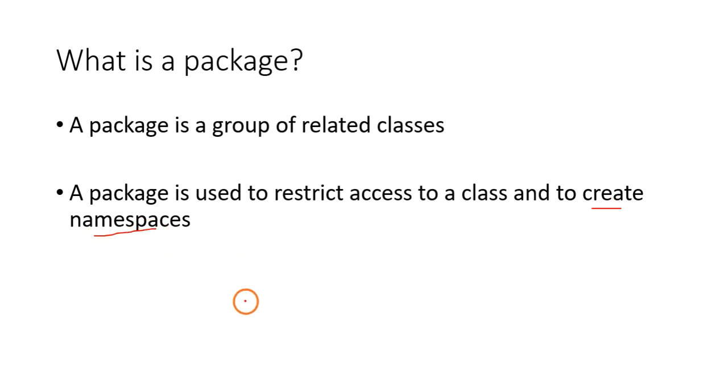Now, what is the use of creating namespaces? Right. So, for example, if you are creating a class called A in a Java program, can you create another class with the same name A? No, right? It is not possible. Okay, but by using packages, you can create a class A and keep it in a package, let's say P1.